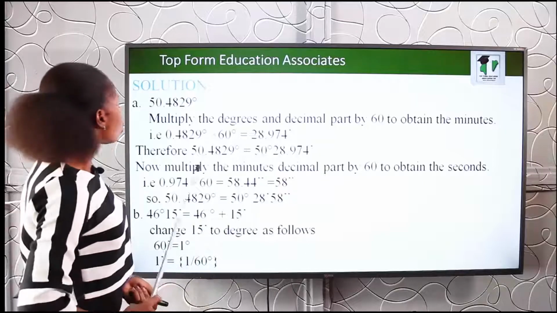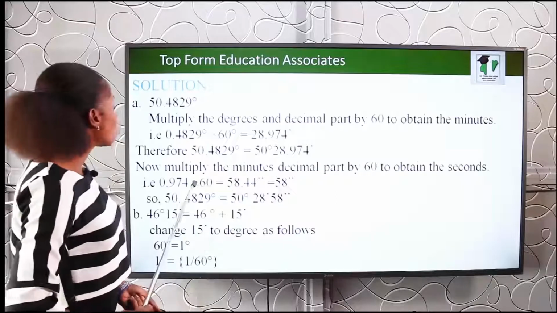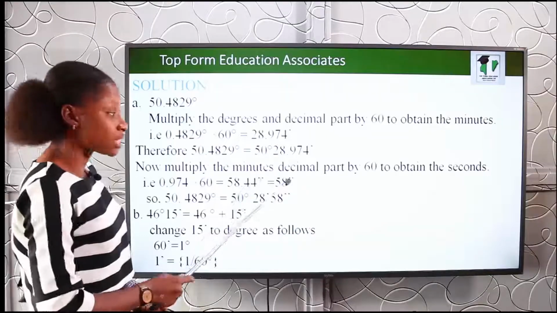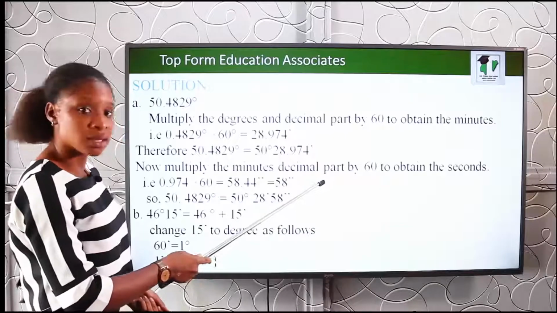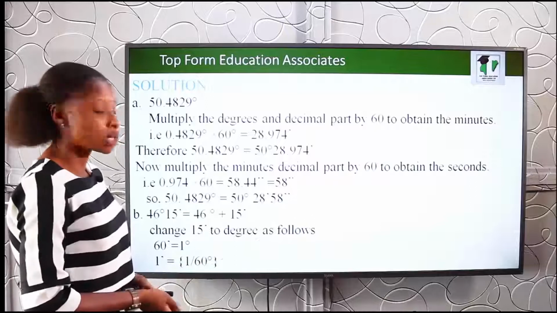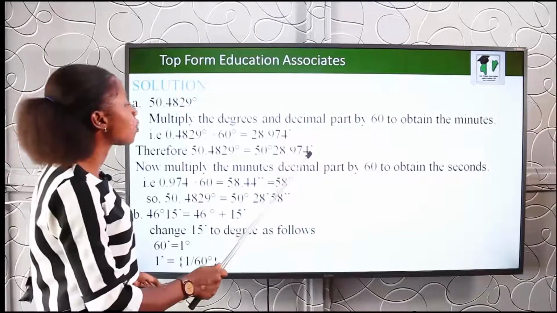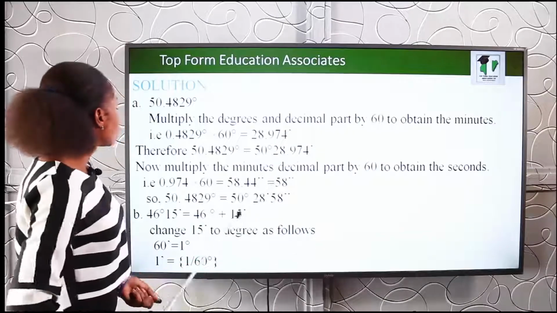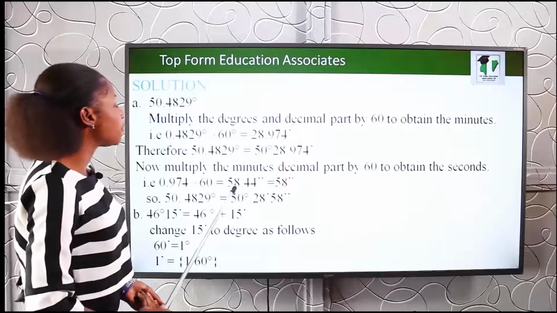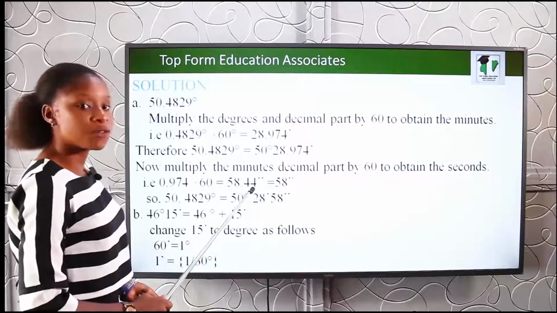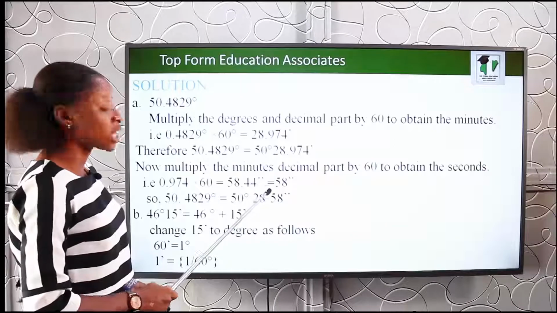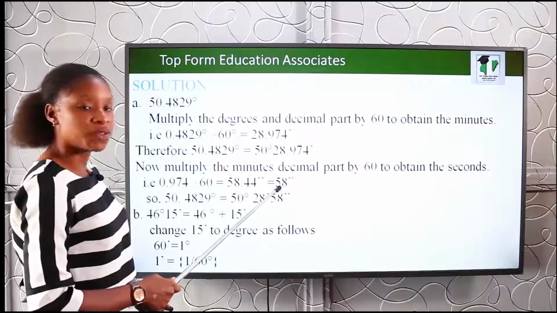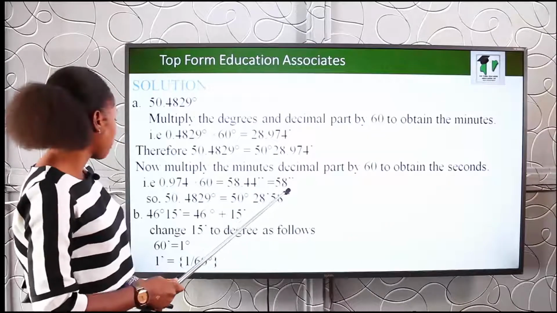Now, to get the seconds part, remember we're trying to convert this to degrees, minutes, and seconds. We are going to multiply the minutes decimal part by 60 to obtain the seconds. This is the minutes decimal part. When we do the sums, we are going to get 58.44 seconds, which can be approximated to 58 seconds.